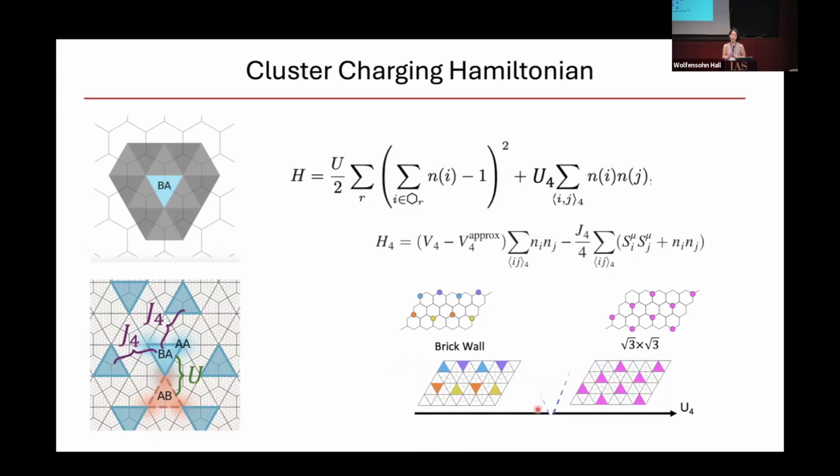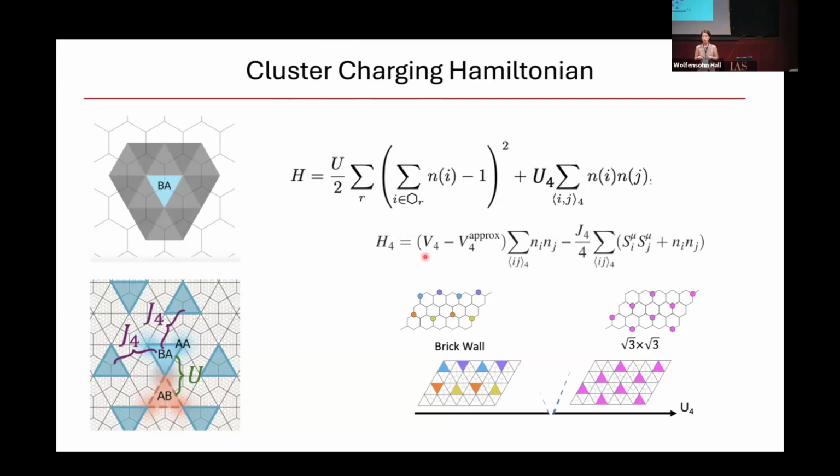That is not as extensive as U4 equal to 0, but still interesting. This whole starting point of the cluster charging Hamiltonian, we keep learning as of yesterday, is a starting point to explore many different rich phenomena.